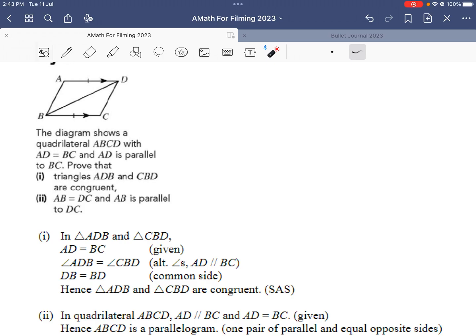Also, BD is a common side. Instead of writing DB equals BD, another way is to write BD is a common side. I prefer to write that. So since we have two corresponding sides equal and the included angle equal, by SAS proof we prove that ADB and CBD are congruent.